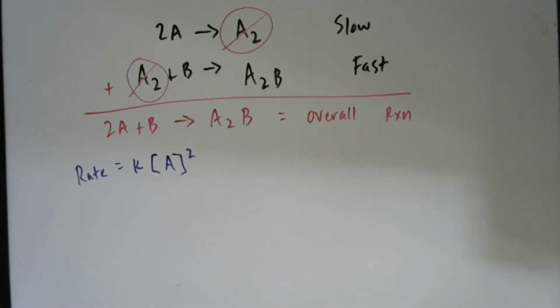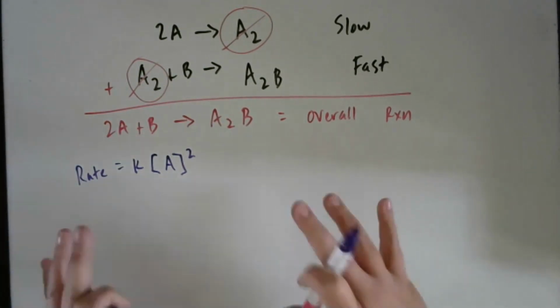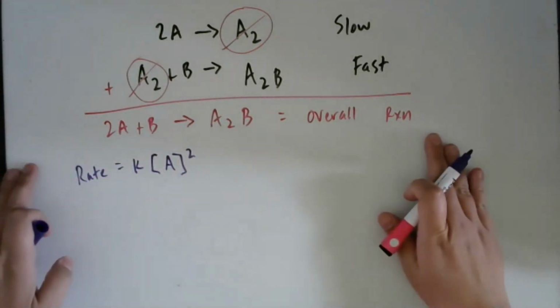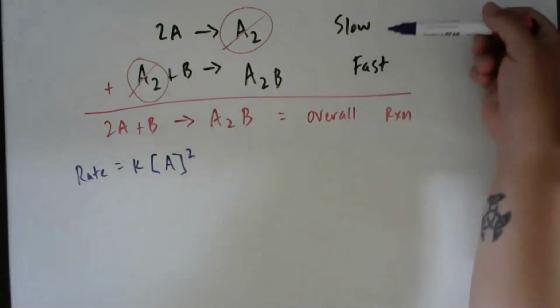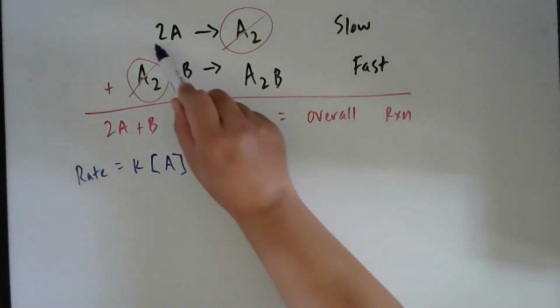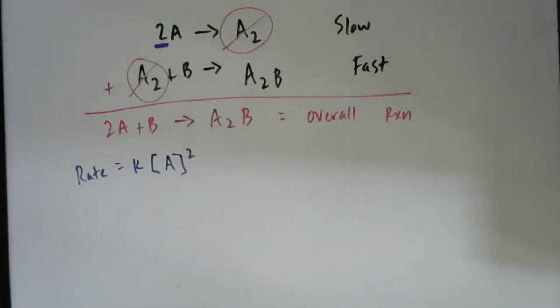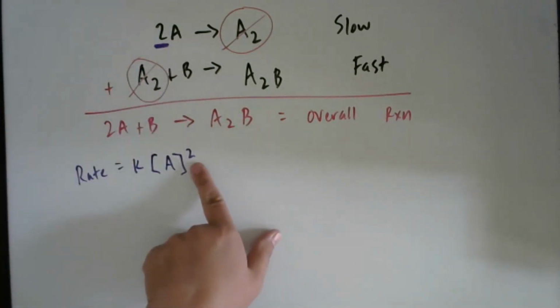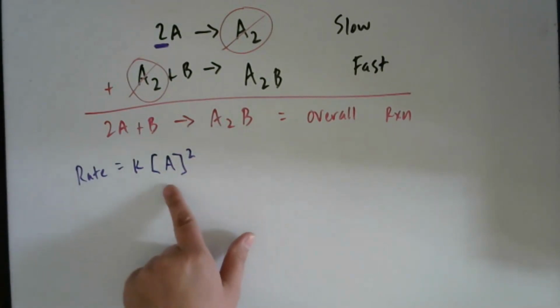Unlike a reactant that is part of an overall reaction, when you have a mechanism step, we are able to take the coefficient in front of the component and use that to represent the order of our reactant.